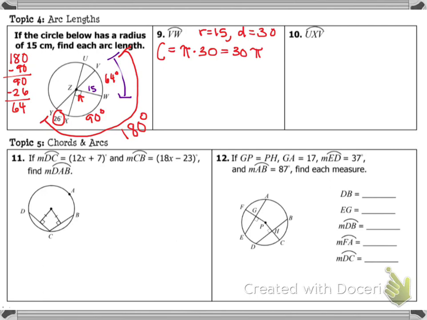Well, the length from V to W is going to be only 64 of the entire 360 degrees. That's the fraction of the entire length, which is your circumference.